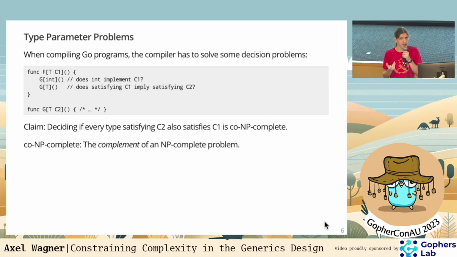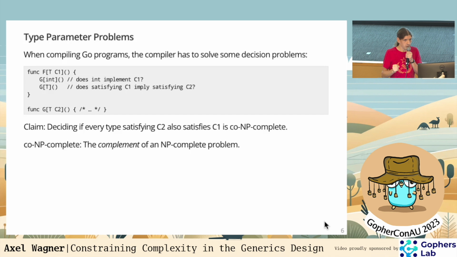It is co-NP hard. So far I've talked about NP complete. Now I am saying co-NP complete. The co is a bit of a technicality. The co comes from the fact that we actually invert the answer. With NP complete, the yes answer would have to be easily verifiable. With a co-NP complete problem, the no answer is easily verifiable. With the satisfiability problem, a yes answer takes the form of a satisfying assignment, which is very easy to check.